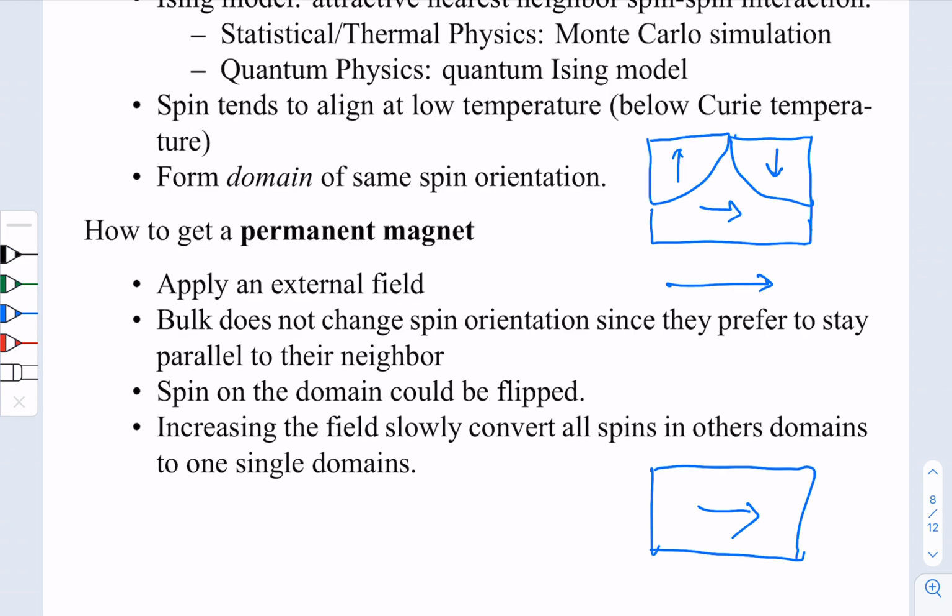But if you add some magnetic field slowly, it will be able to convert all these random direction domains to have the exact same spin pointing exactly along the magnetic field direction.